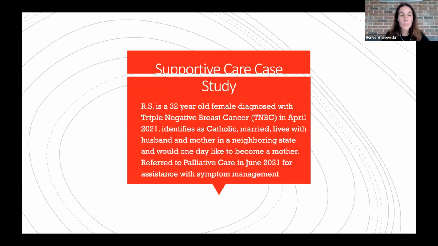She lives with her husband and mother in a neighboring state. So she's not in New York State. She's in a neighboring state, so she has to travel for care, and would one day like to become a mother. So at the age of 32, she still has not birthed any children. She's referred to palliative care in June of 2021 for assistance with symptom management.